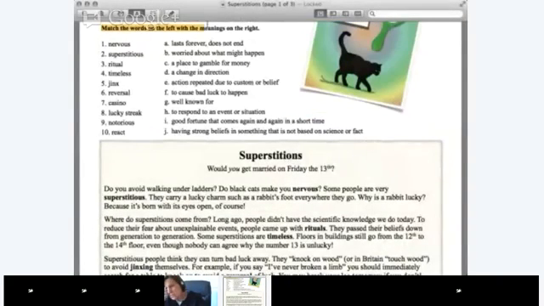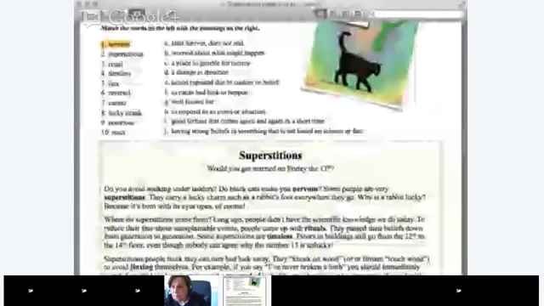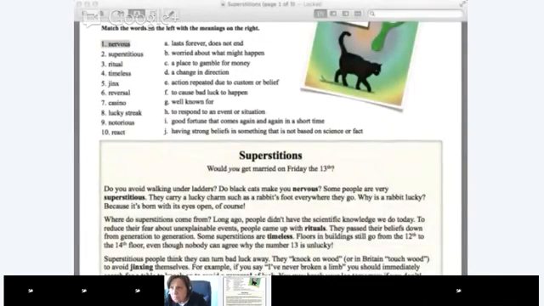Alright, so we're going to go back up, and we're going to do match the words on the left with the meaning on the right. So for instance, we want to see what letter number 1 goes with. We have 10. We have 9 students in class, so each student is going to get 1, and then we can do the last one together. Okay, so Ali, number 1.